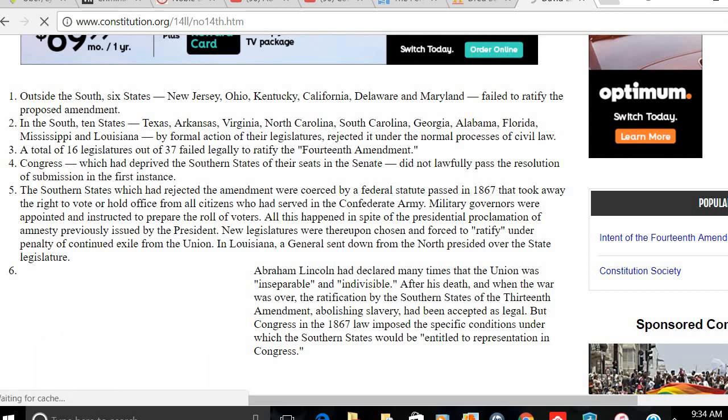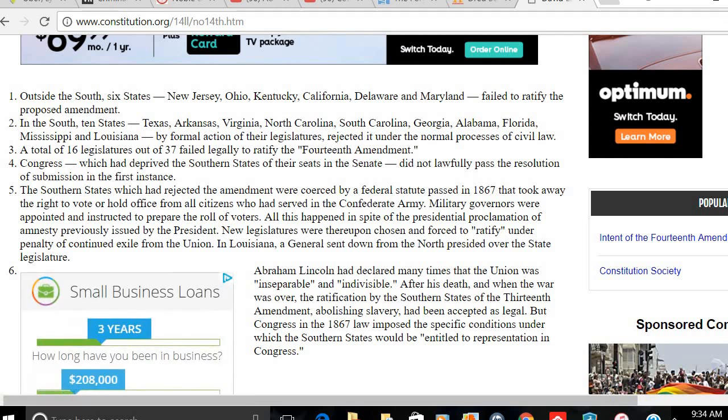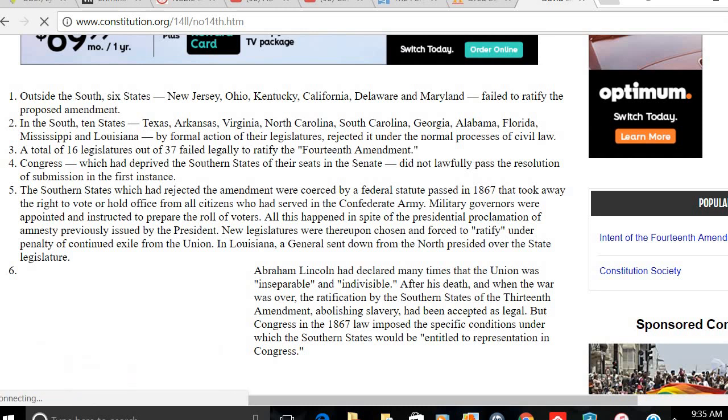The Southern states, which had rejected the amendment, were coerced by the federal statute passed in 1867 that took away the right to vote or hold office from all citizens who had served in the Confederate army. Military governors were appointed and instructed to prepare the roll of voters. They say all this happened in spite of the amnesty previously proclaimed by the president.